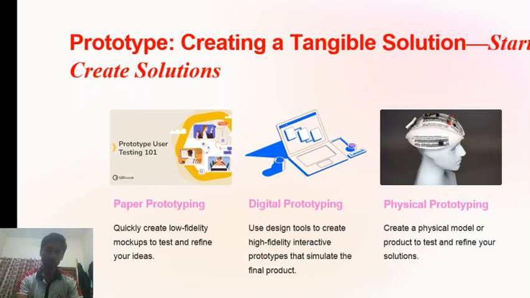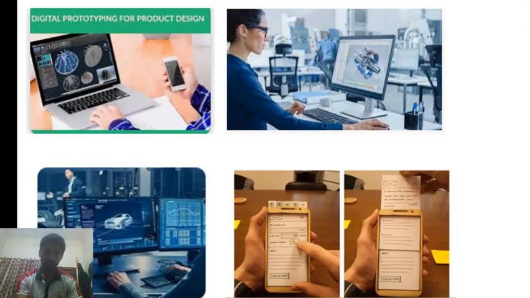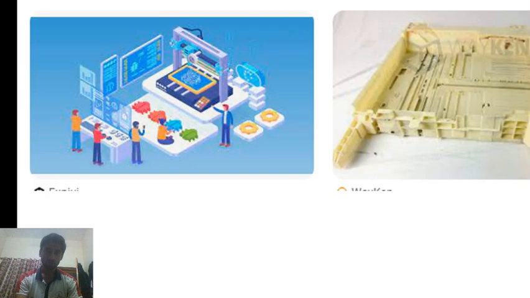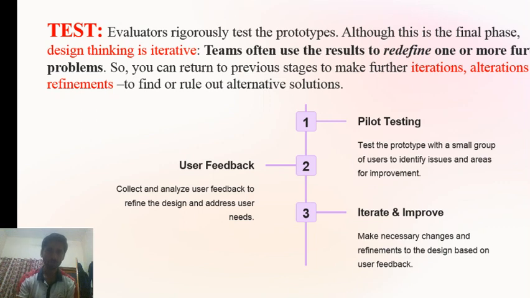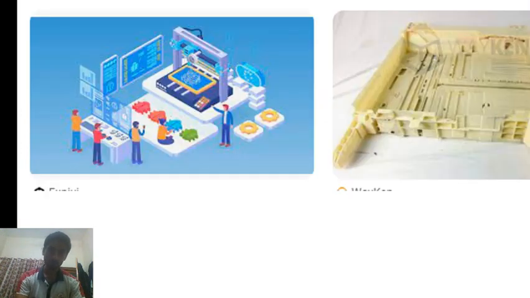So after that, testing is being done. What are the different types, and what will we do after the test? There is pilot testing. Before this test, we will do different types of crash testing and other tests.